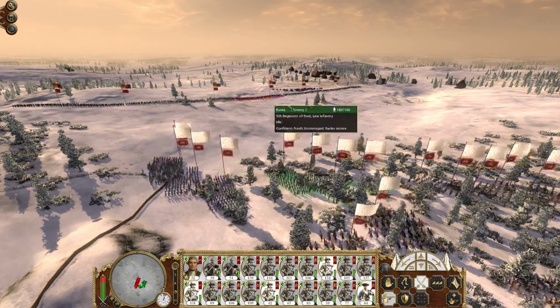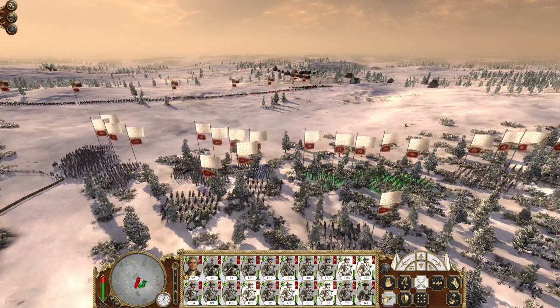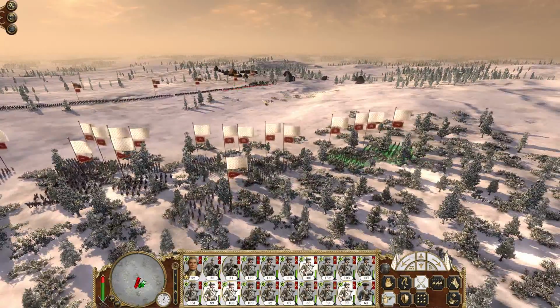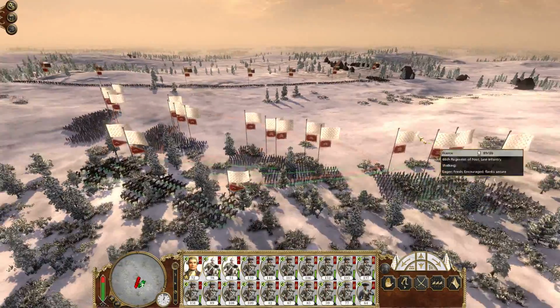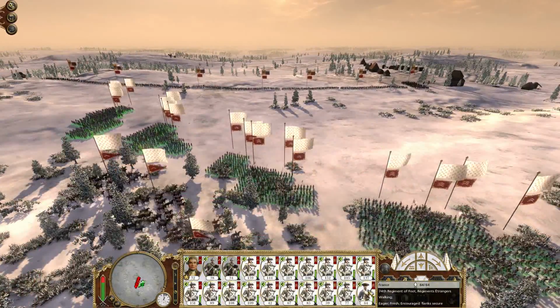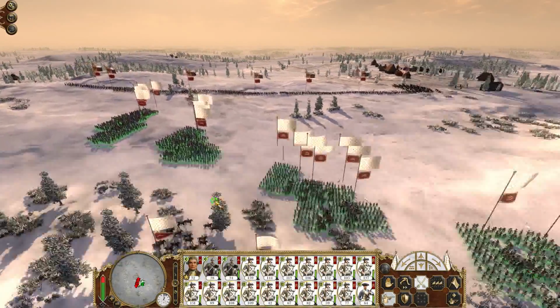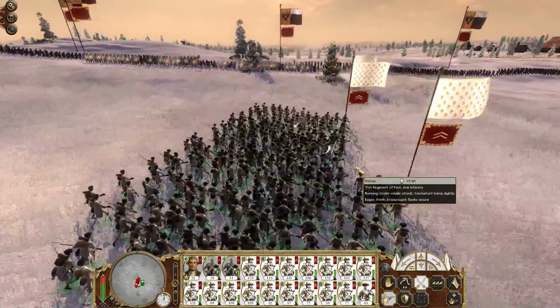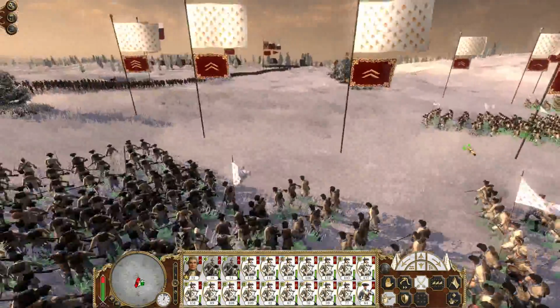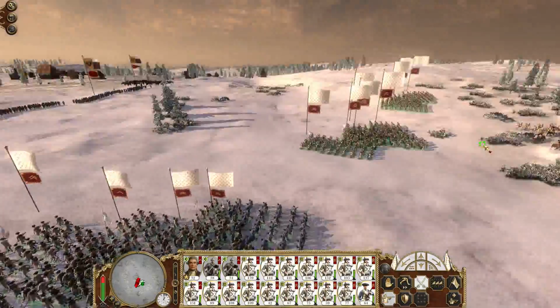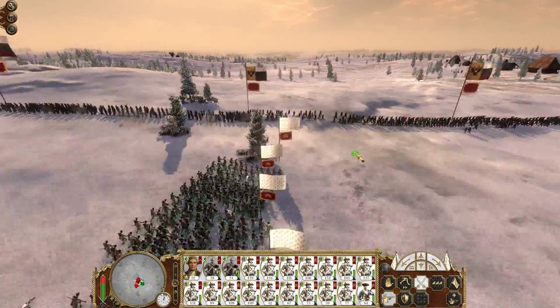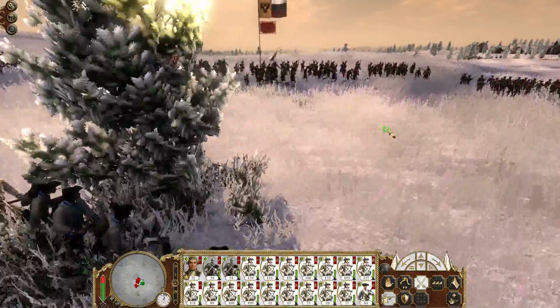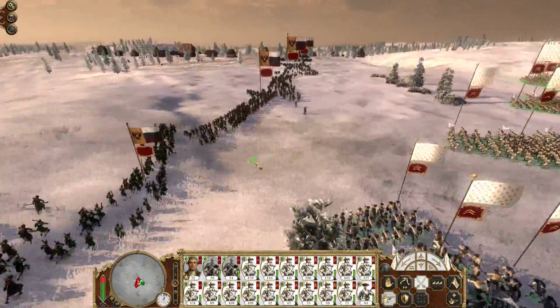I'm going to gang up on this side first. In this way, more of our troops are going to fight, oh wow, they got shot. They're going to fight less of theirs, and this exactly should bring us that edge that we need so much.